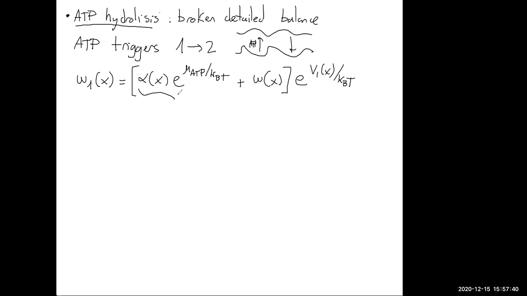In this channel, there can be two possibilities. You can do this transition due to chemical reaction, which is why this is appearing. When you have a lot of ATPs, you will jump much faster. Or you can do this channel as well due to thermal fluctuations. There's a thermal fluctuation that detaches the motor. This is omega 1.